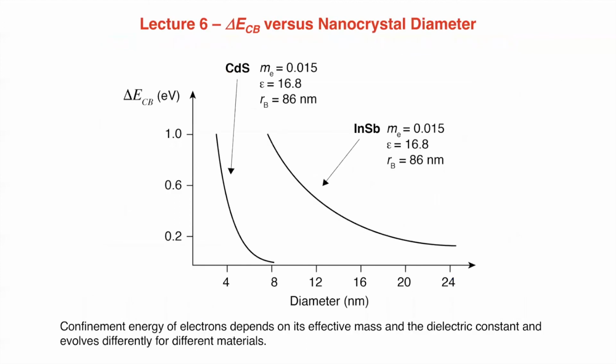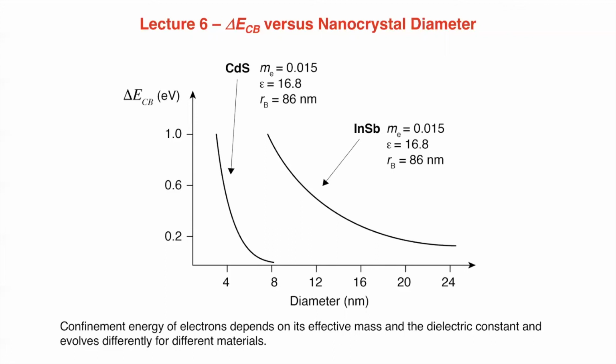So now let's take a look at the change in the conduction band energy as a function of diameter. So I plotted this confinement energy for the electron in cadmium sulfide and in indium antimonide here. As you change the diameter of the crystal, you're going to get different degrees of confinement in these semiconductors because in the indium antimonide one, the sizes of its charges are much greater.